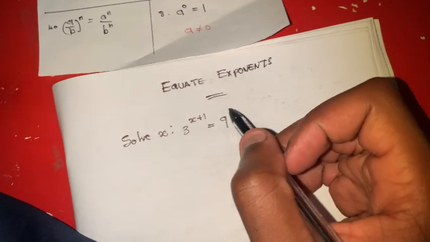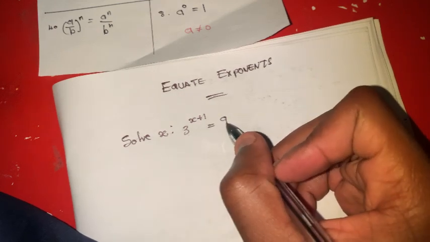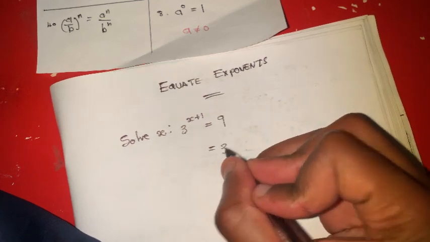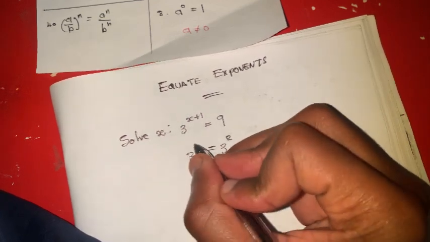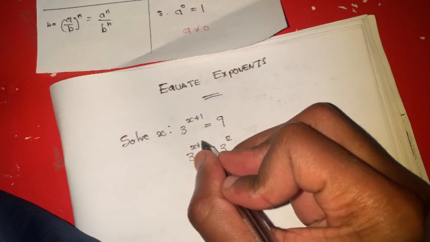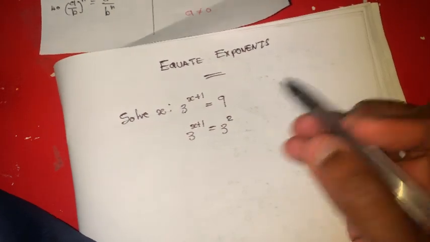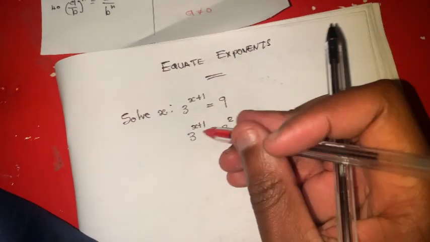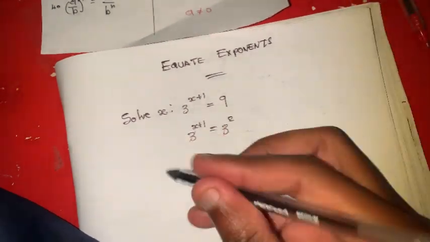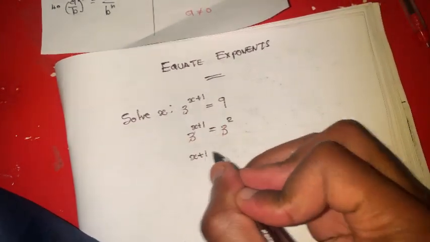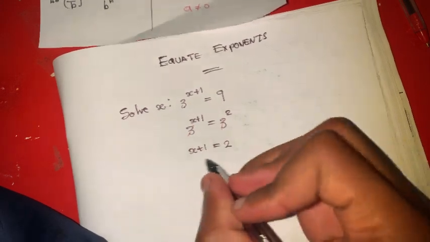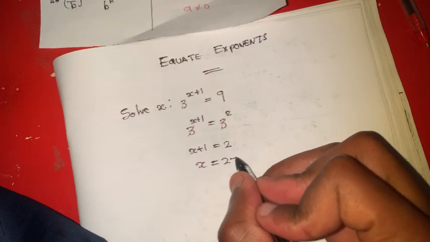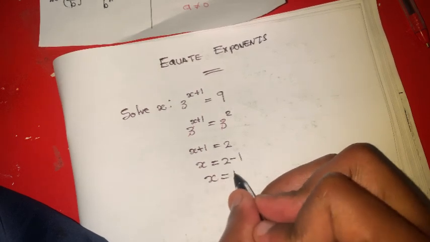First, you will write your 9 in terms of 3. You know that 9 is equal to 3 squared, and you're already given that it is 3^(x+1). After doing this, you will simply drop the bases and have x plus 1 equal to 2. Then you will solve for x. 2 minus 1, x is equal to 1.